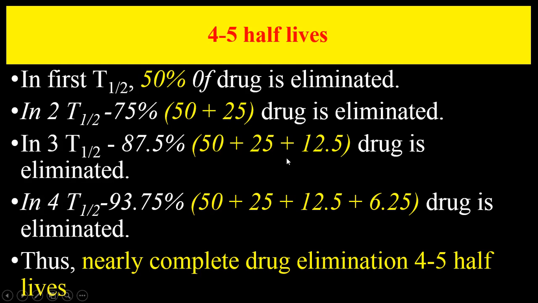Similarly, if you go on calculating, in 4 half lives, 93.75% is lost, and in 5 half lives, when you add half of the remaining 6.25% again, it is regarded as near complete elimination. So in 4 to 5 half lives, the drug is completely eliminated from the body.